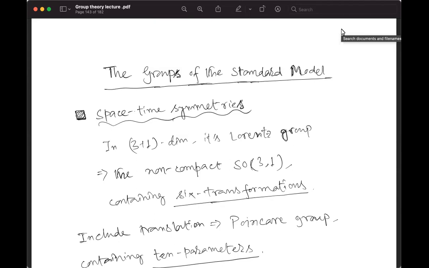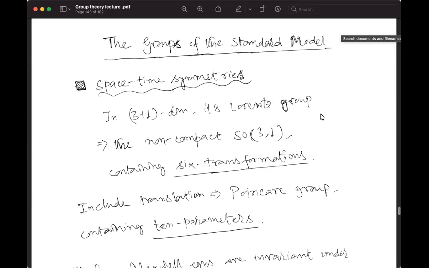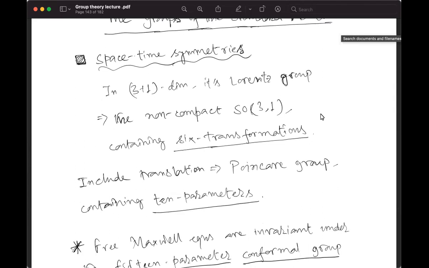The first thing that I want to introduce, which you are already familiar with, is the Lorentz group, and that's why I prefer to start with this one. For the space-time symmetry, we are working in 3+1 dimensions. The Lorentz group is a non-compact group, which you write as SO(3,1), and it contains 6 transformations.